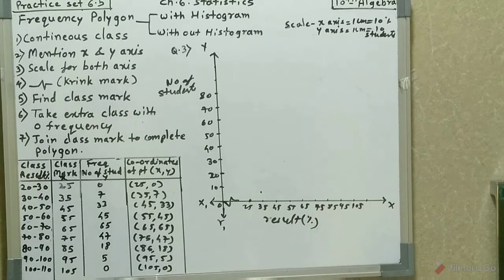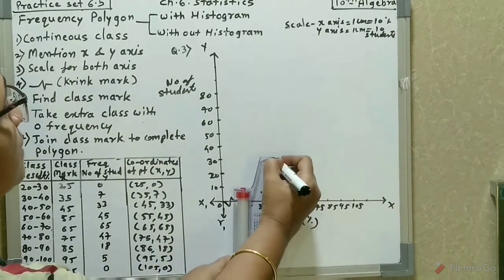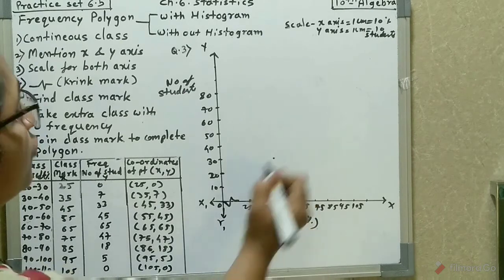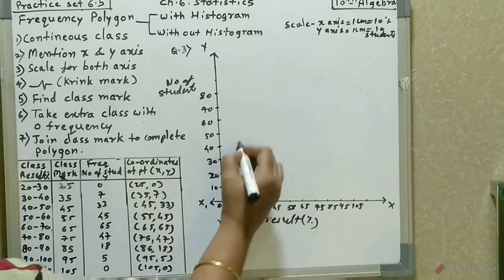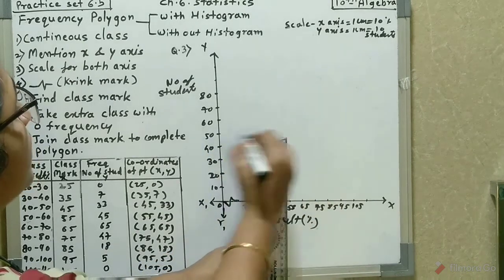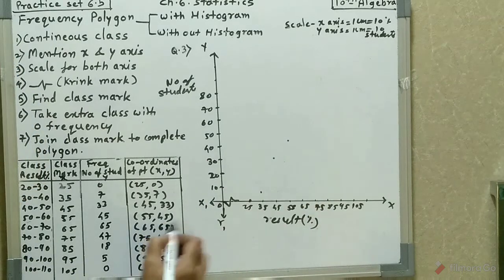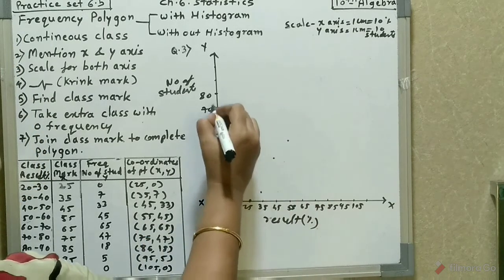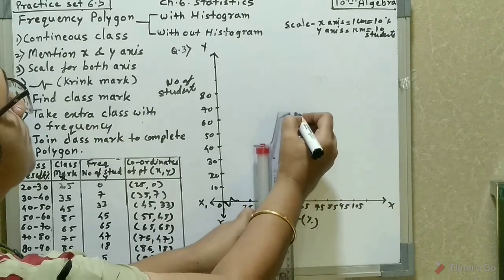So we plot a point here. Then 55, 45. Here 55 and 45, the middle line between 50 and 40. Then 65, 65. Here 65 is the middle line between 60 and 70.